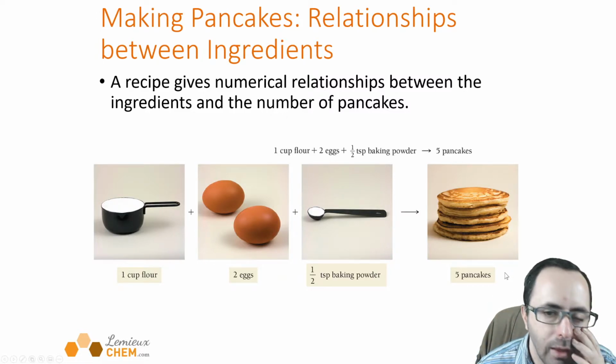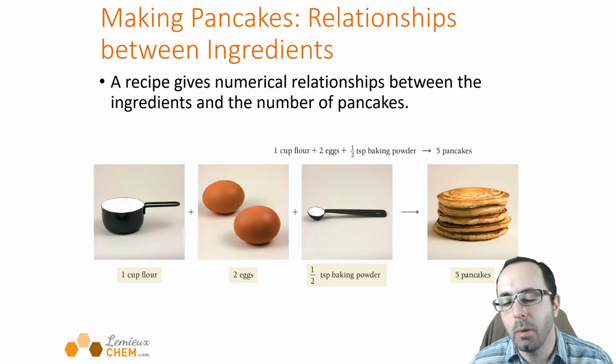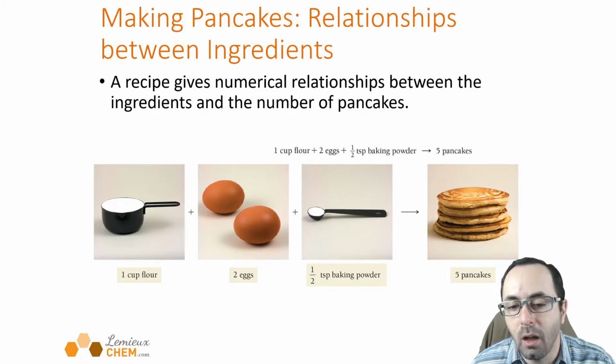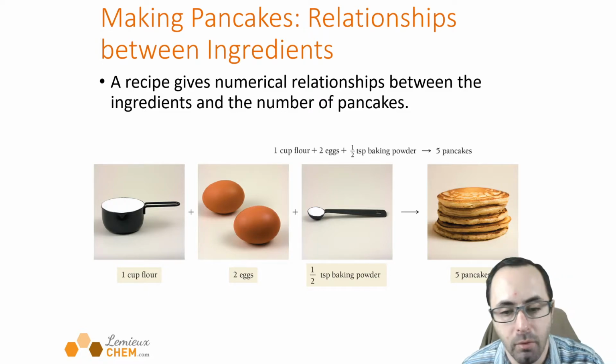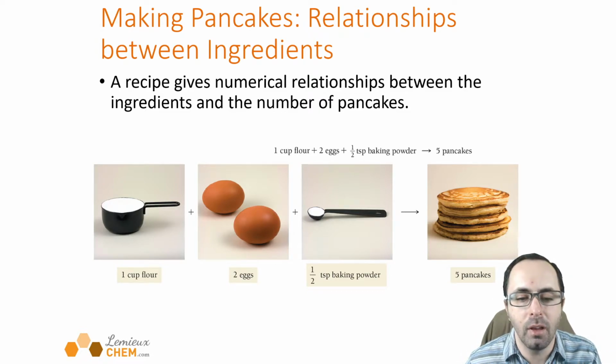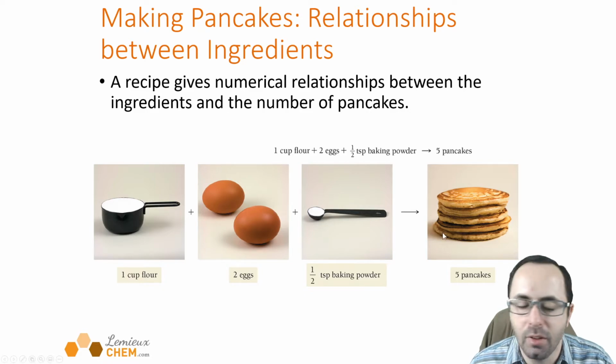So a chemical reaction is really just a recipe for chemicals. It works exactly the same way as a recipe for cooking. Cooking is basically a type of chemistry. You're reacting these together and producing something different from them, something that you would actually want to eat.